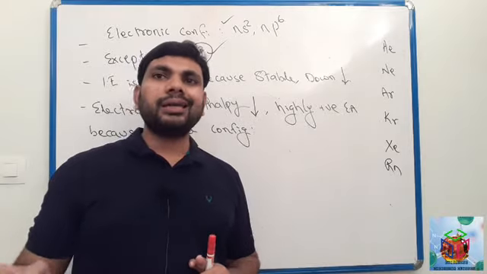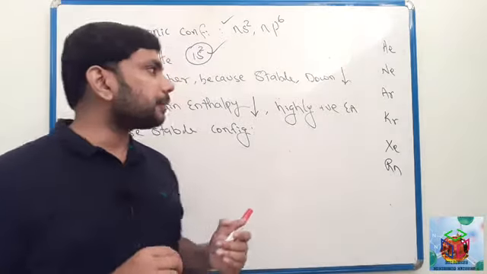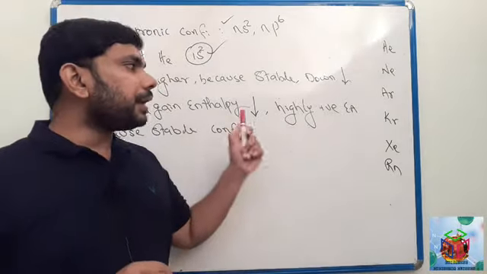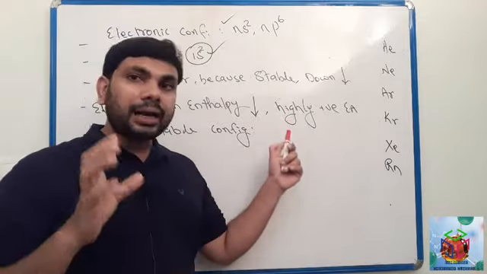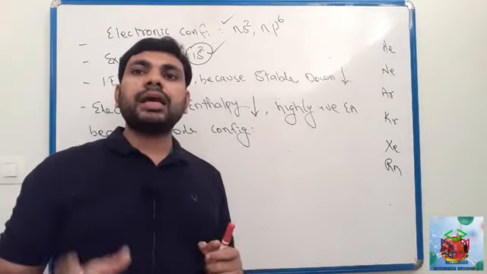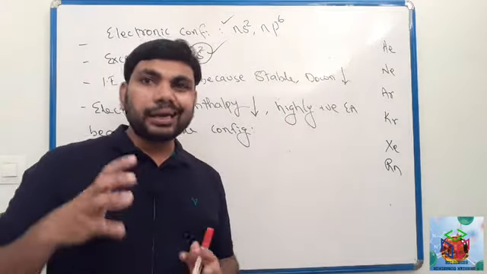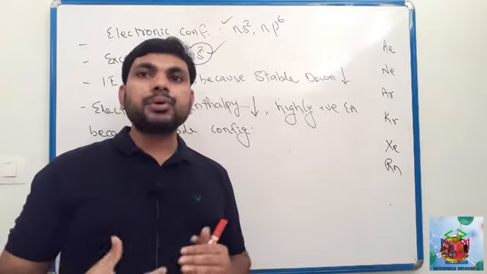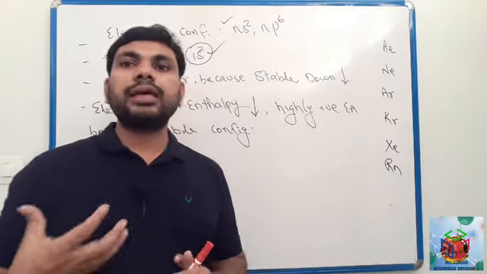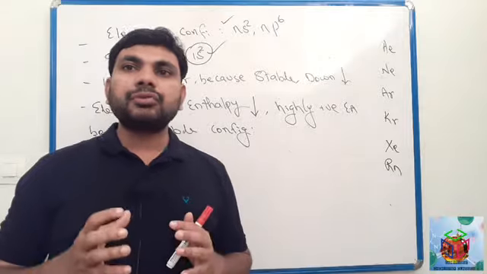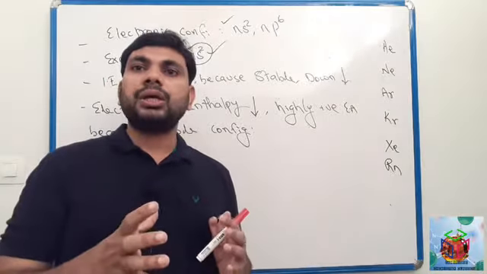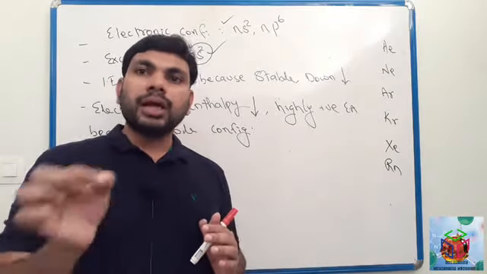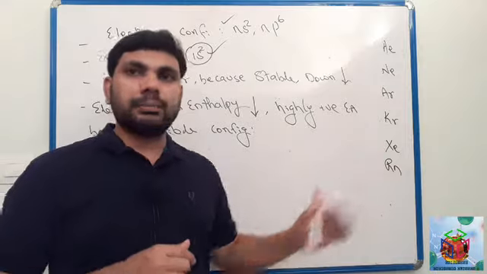Or we can say group 18 elements show a higher positive electron gain enthalpy. A higher positive value for electron gain enthalpy means we have to give more energy to add one more electron to group 18 elements.